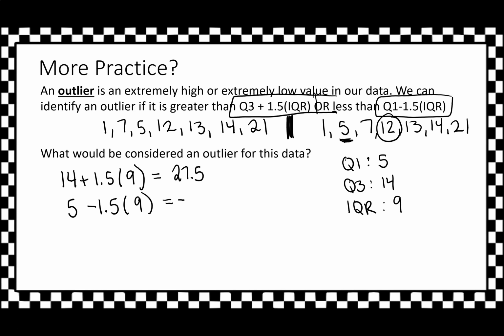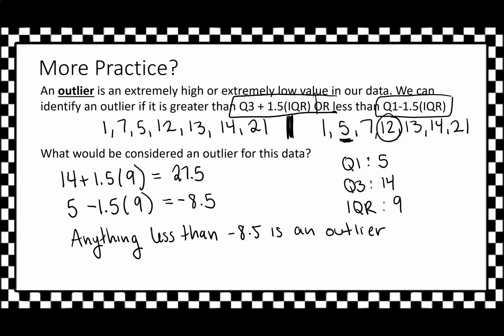And that's a negative 8.5. All right. So in this case, anything less than negative 8.5 is an outlier.